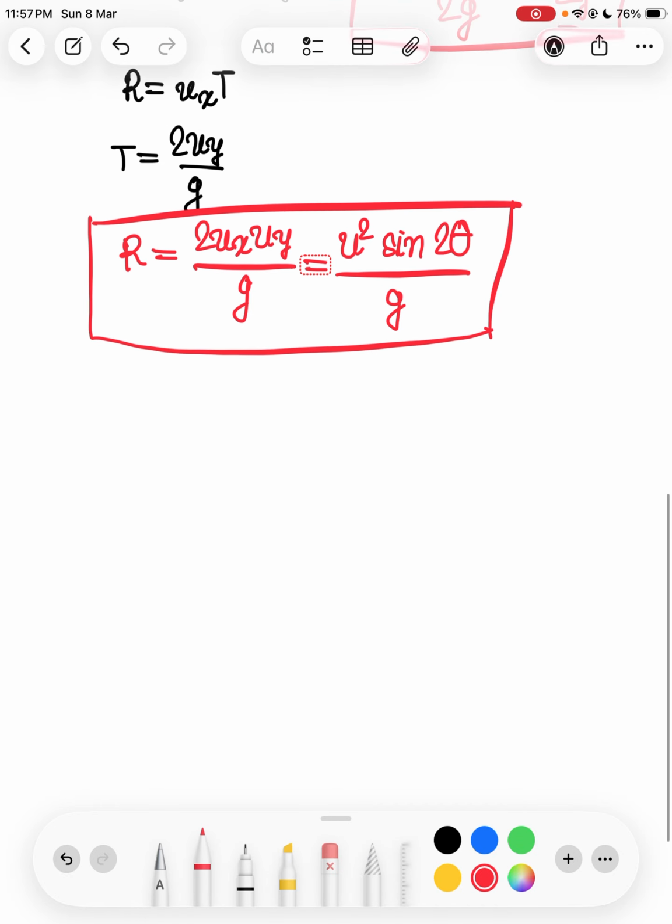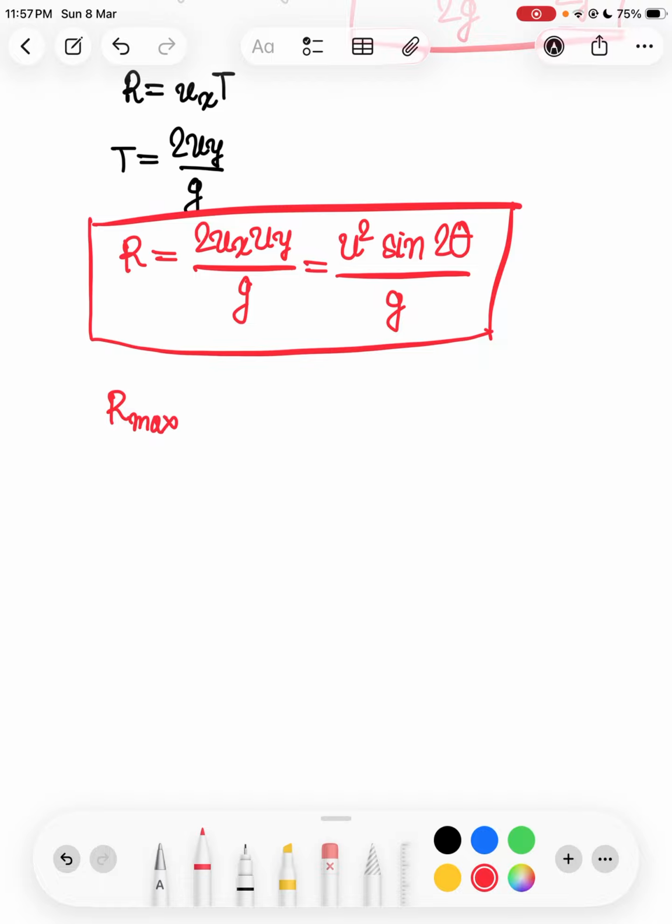Also before that, you can see the maximum range of the projectile can be u square by g, because the maximum value of sin x, for any x, is 1. So the maximum value of sin 2 theta is 1. Therefore R max is equal to u square by g, and that happens when theta is equal to pi by 4, or 45 degrees, because 2 into 45 is 90 degrees, and sin 90 degrees is 1. So that gives us the maximum range.